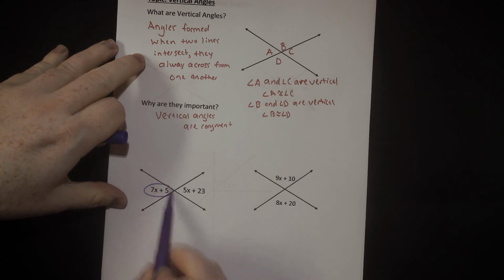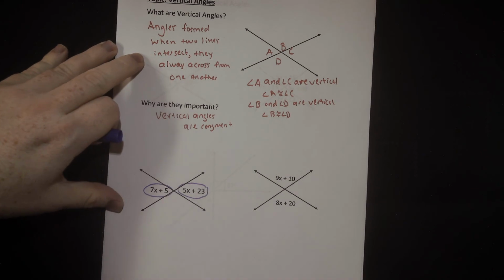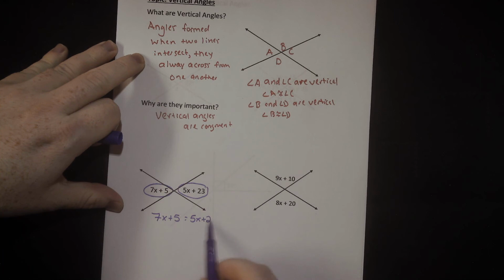So they are across from each other, so I'm going to set them equal to each other. So I subtract, and I get, subtract again.